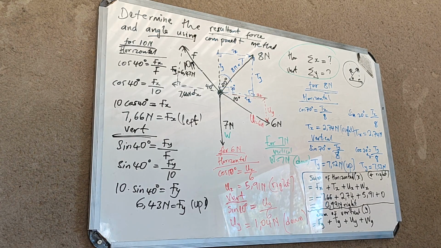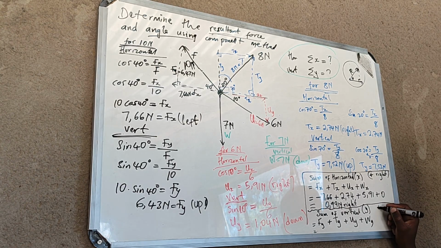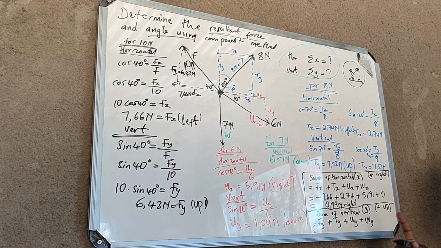Okay, let's say W. Is that clear? Let's add them. Wy is going where? Up or down? What do you guys choose? Saying up as positive, so that you can focus.